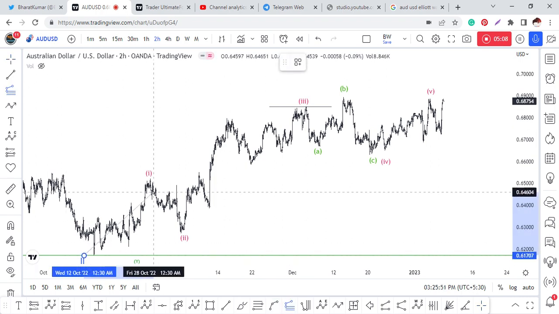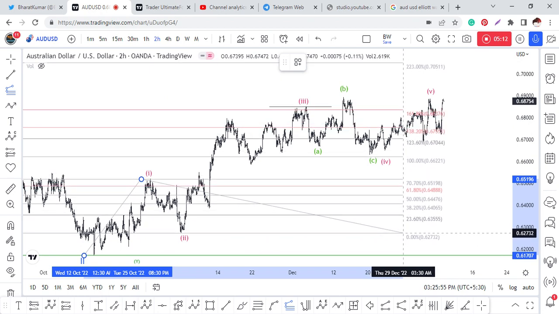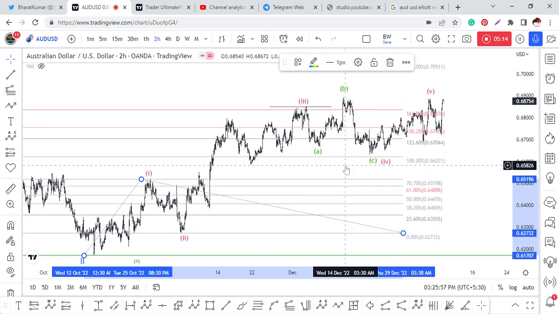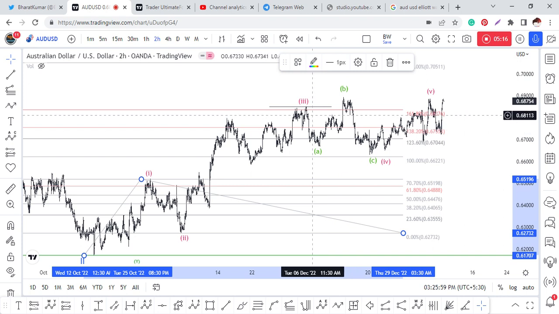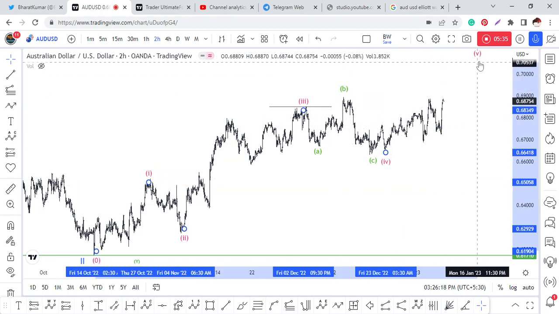Elliott has said that out of three impulse waves, one must be extended. So here wave 3 is 161.8%, which is not an extended wave. Above 161.8% we consider it an extended wave. This is a normal third wave, so there is a high chance that the fifth wave will be extended.